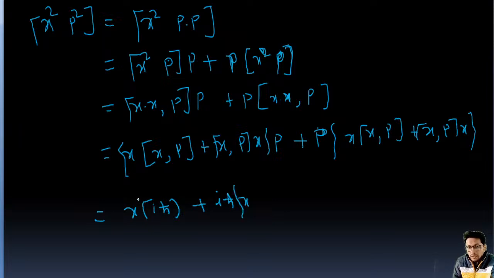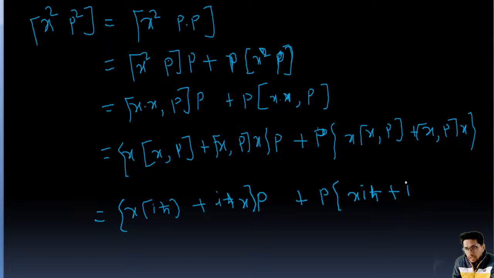And the whole is going to be like p is outside plus p is outside. This is going to be x i h cut plus i h cut x, right? How will we do it, like i h cut we'll take common.